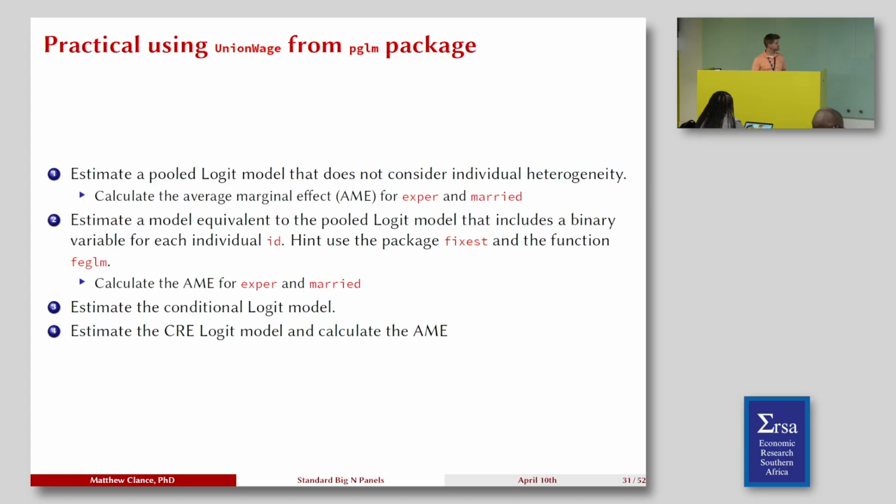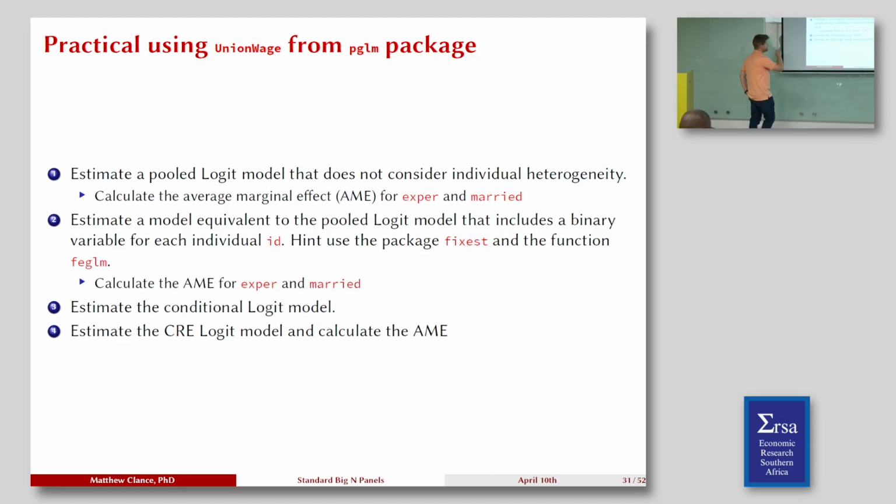Okay? So if I was to ask you to do a practical for this, I won't. We'll kind of go through it. Basically, we could try estimating a pooled Logit model that does not consider individual heterogeneity, just like we did before. And we want to consider estimating the average marginal effect for experience and merit.